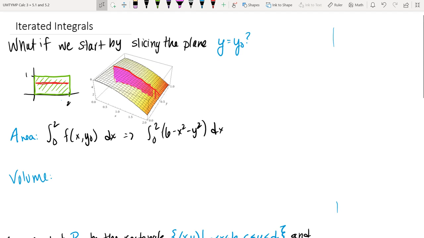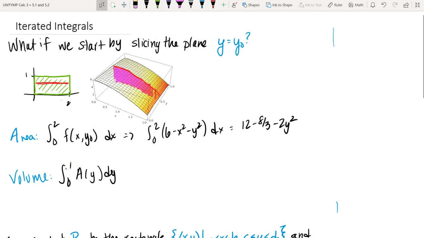I believe what I get here is 12 minus 8 thirds minus 2y squared. Then for volume, again, this is going to be the integral of the area, so a of y dy, and y is going to range from 0 to 1.